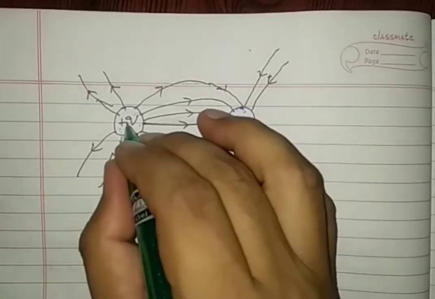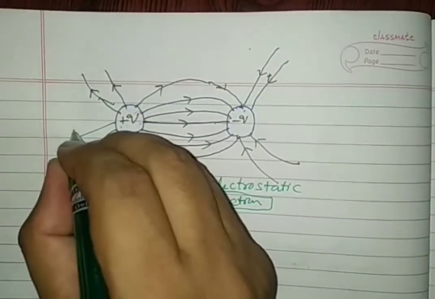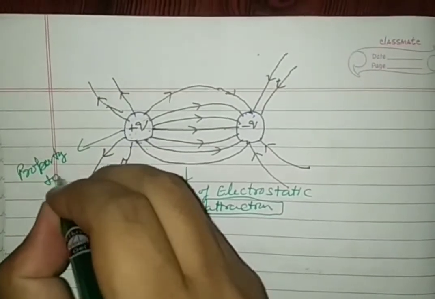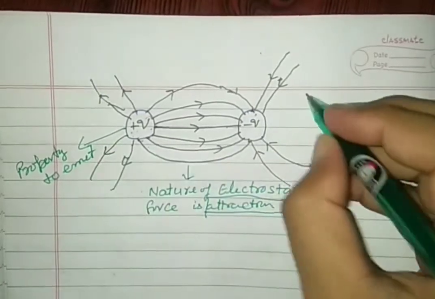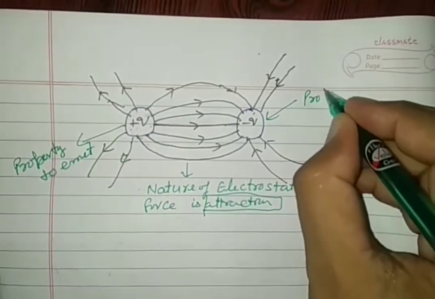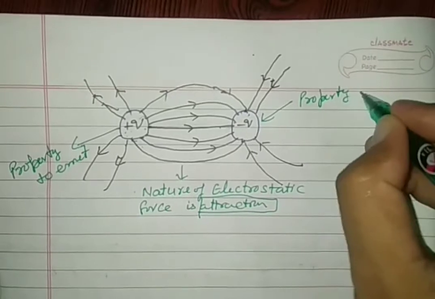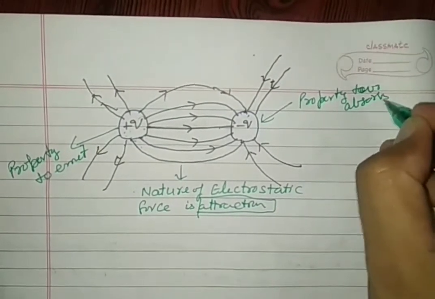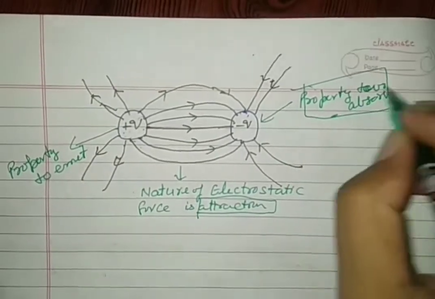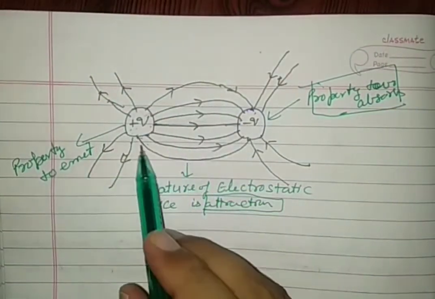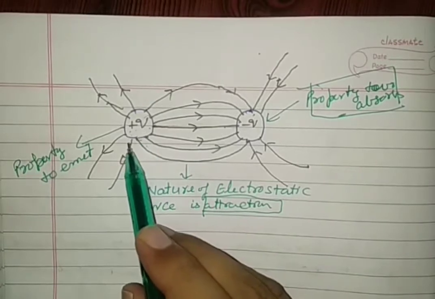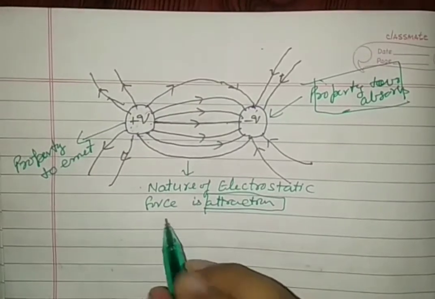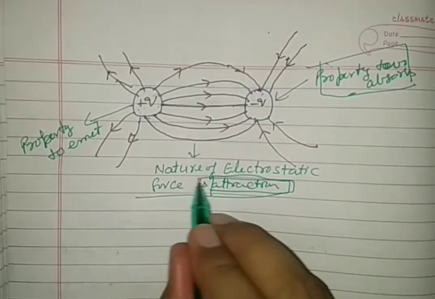Because one has the property to emit, and the other has the property to absorb. See, the electric line of force emits and enters, and this is the property of attraction of electrostatic force.